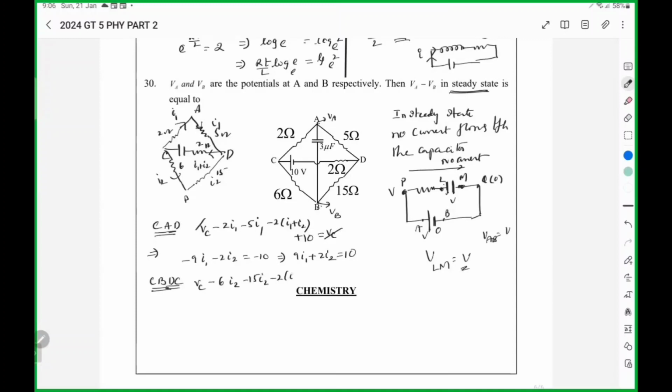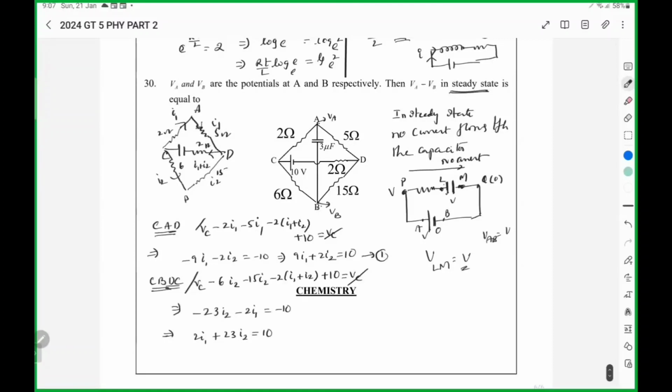So 15I2 minus 2 times (I1 plus I2) plus 10 is equal to VC. From here, minus 23I2 minus 2I1 is minus 10. So 2I1 plus 23I2 is 10.